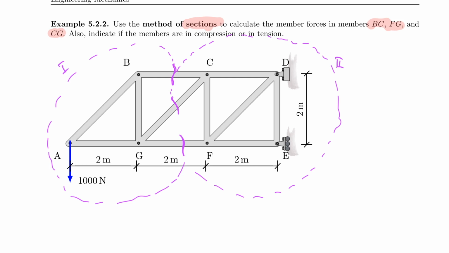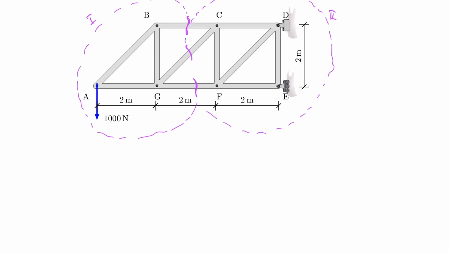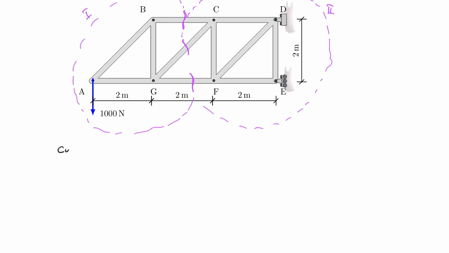So first thing I do is I draw my free body diagram for my cut 1. So let's do that. So cut 1 and draw the cut so that I can use it as a free body diagram for my identification of the relevant points and such.